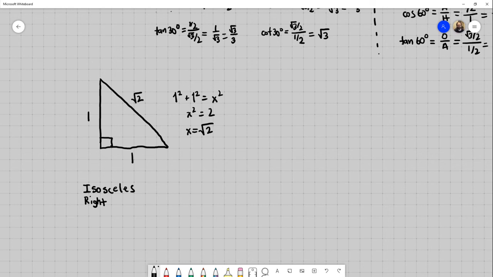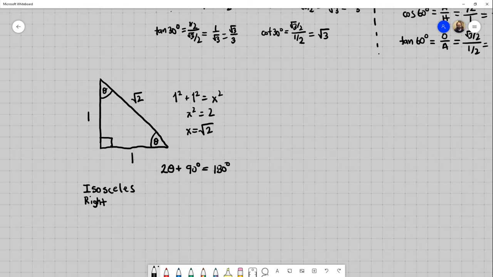Now we have 2 identical angles here. In an isosceles triangle, not only are 2 of the sides the same length, but 2 of the angles have the same measure. We know that whatever the measure of this angle is, 2 times theta plus 90 degrees has to add up to 180.